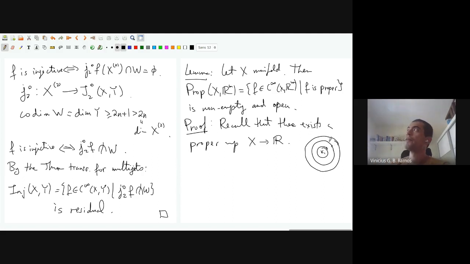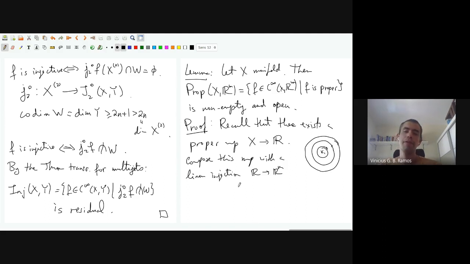Okay, so the preimage of a compact interval in R is going to be contained in a compact set. So it's going to be a closed, pre-compact set, so it's going to be compact. And then you compose this map with a linear injection that goes from R into Rm.